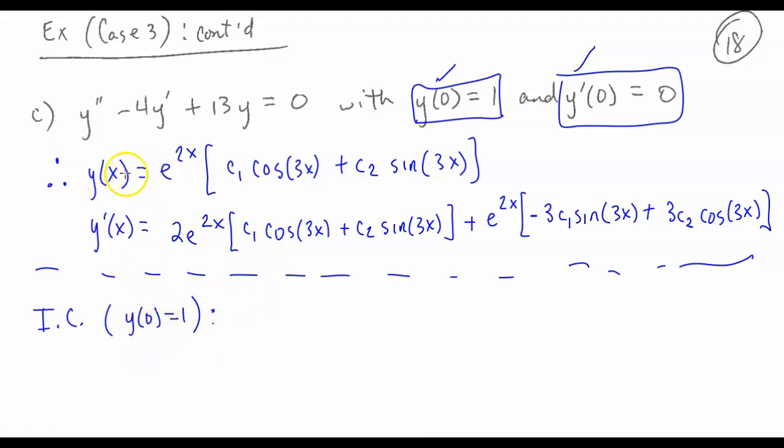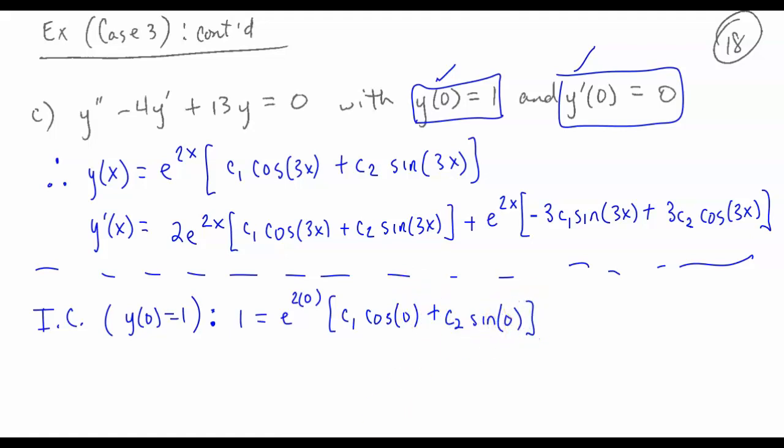And of course, y of x here total is going to equal 1. So I'm going to go from left to right here. So this will be 1 is equal to e raised to the 2 times 0, c1 cosine of 3 times 0, which is 0, plus c2 sine of 3 times 0, which is 0.